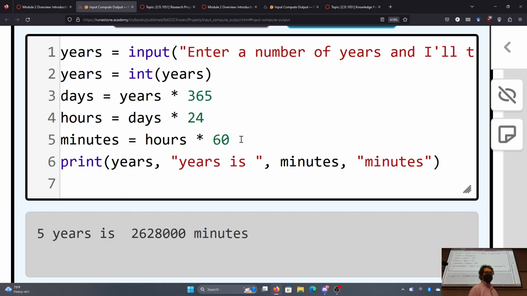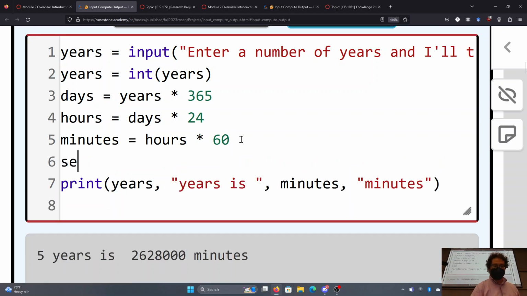Modify this code so that we can go from years to seconds. And I'll get you started in case you're terrified about what to do. What you want to do is follow the pattern. Add seconds is equal to, and then change the print statement down here so it becomes seconds, so we get the right answer. And this shouldn't take more than a minute.